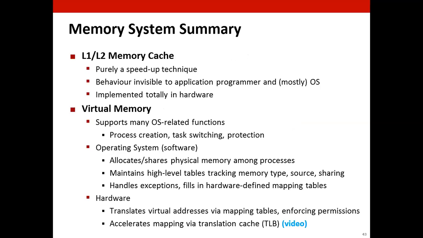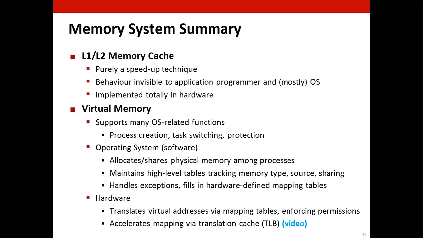Memory caches are purely a hardware implementation that is related directly to speeding up the execution of programs, and are invisible to the application programmer. Virtual memory, on the other hand, is key to simplifying process management. That is one of the core functionalities of the operating system.